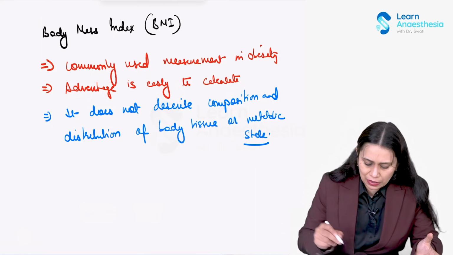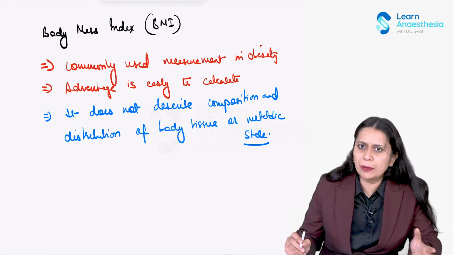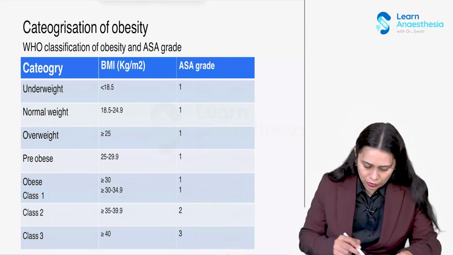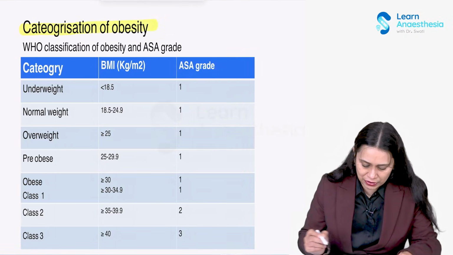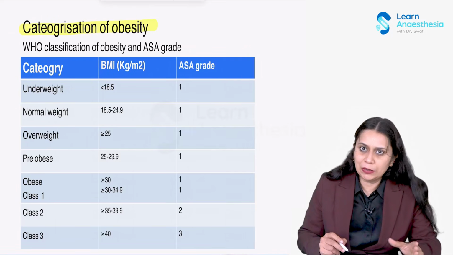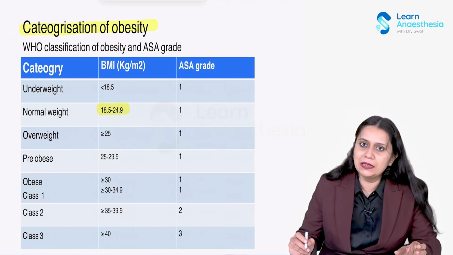So let us discuss how we classify obesity on the basis of BMI. This is the WHO classification, and the ASA risk is also in this classification. So, the categorization of obesity: normal weight comes under BMI 18.5 to 24.9.